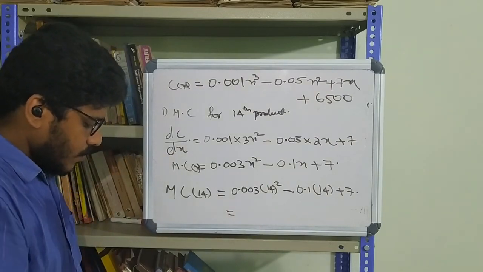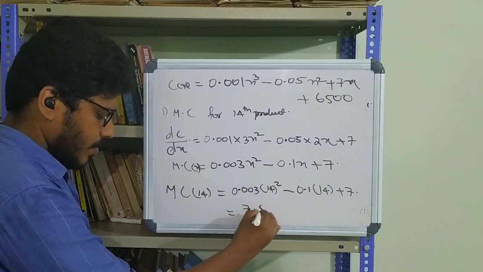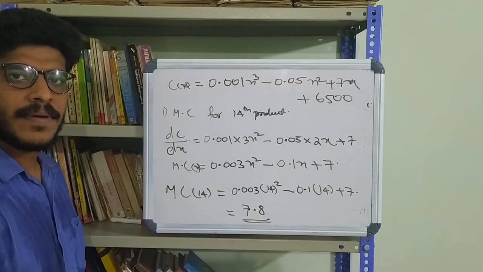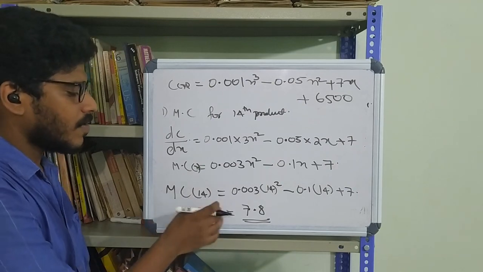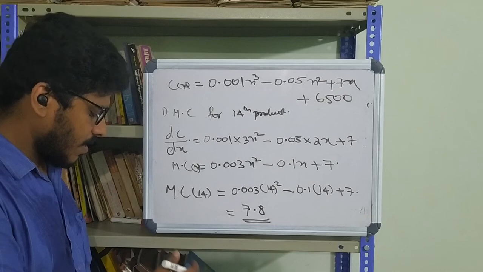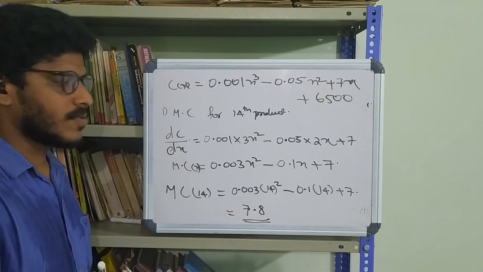You can try to simplify this, and the result will be 7.8. So the marginal cost for the 14th unit is 7.8. This is how we use derivatives to find marginal cost.